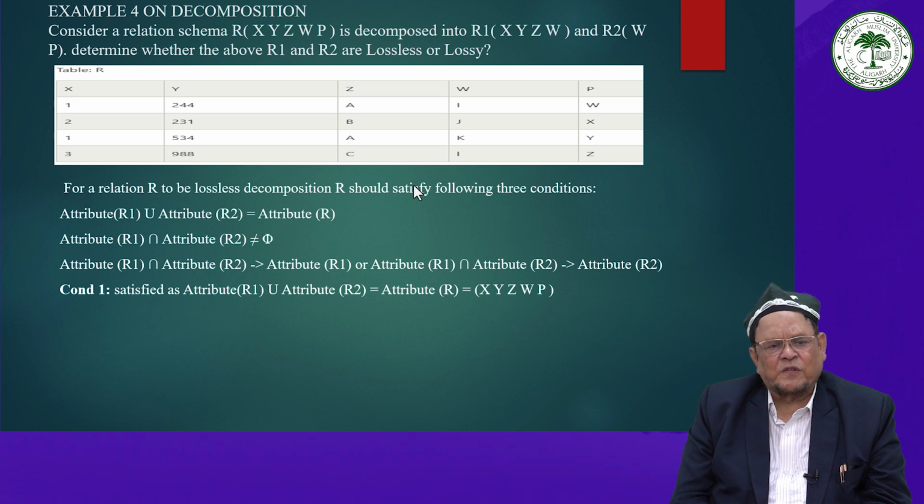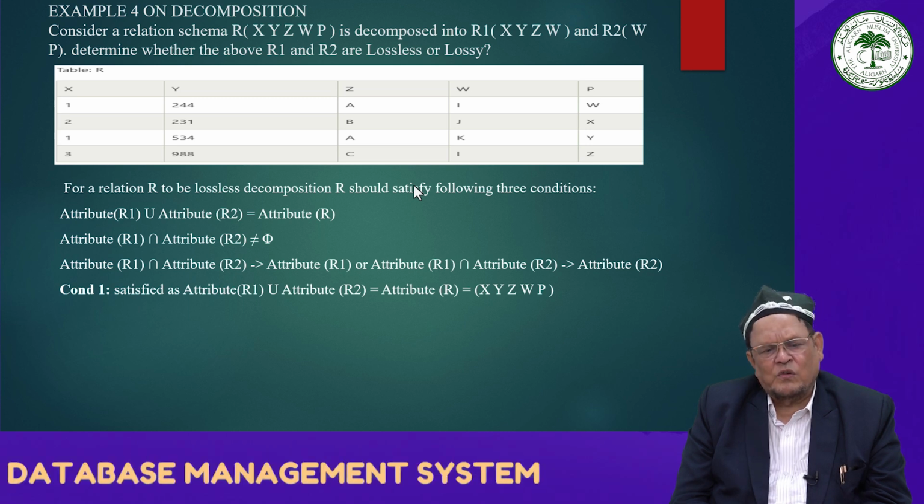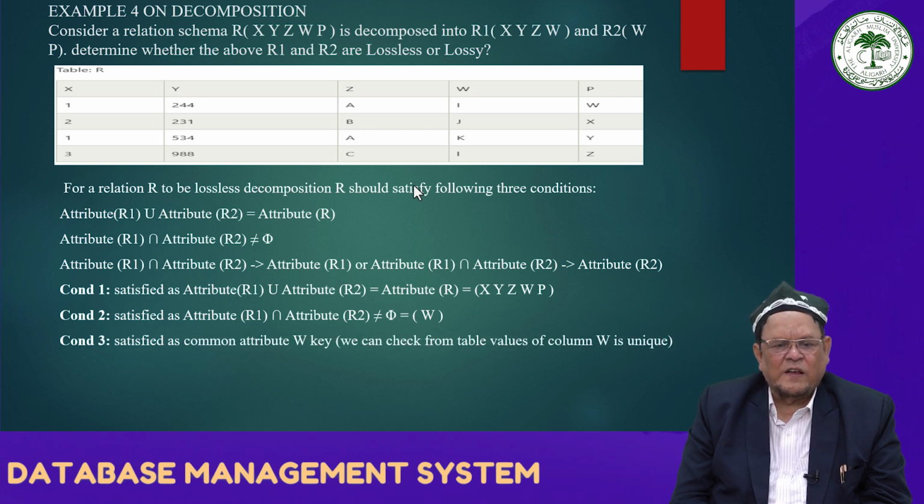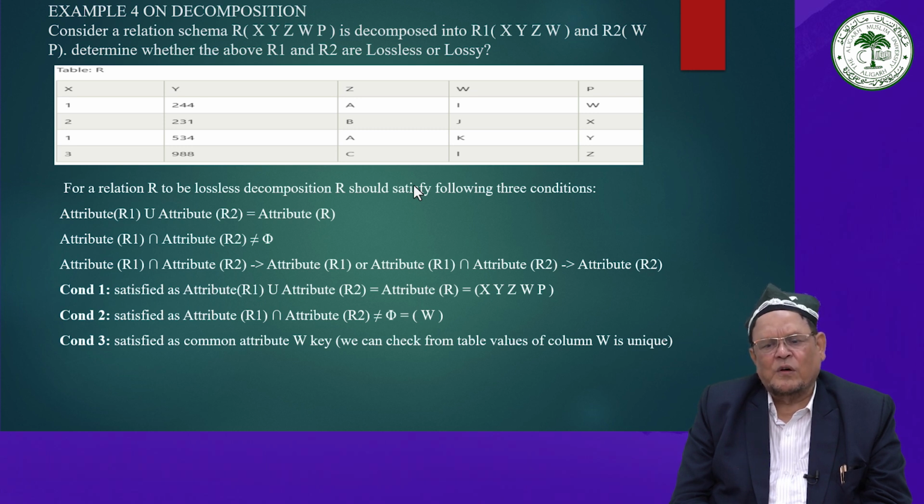So first, check the first condition. Certified: the union of attributes R1 and R2 gives X, Y, Z, W, P. Then certify that attributes R1 intersection R2 is not phi, it means W is common. Then check whether the common attribute W is a key. We can check from the table that the values of W are unique.